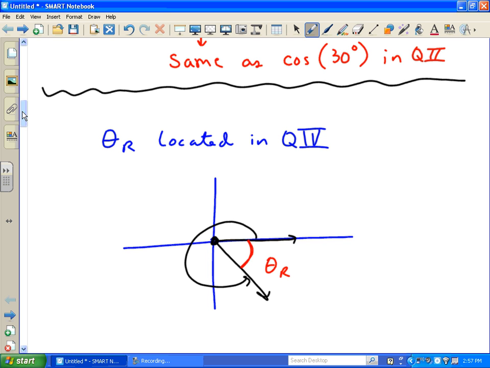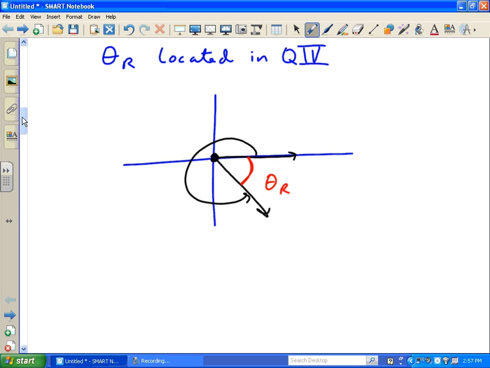If I want to know the sign of tangent of theta sub r, I can do that without actually knowing any numbers. So if I look at tangent of theta sub r, and I want to know what its sign is, then what I can do is think about, well, in quadrant 4, what are the values of x, y, and r going to be as far as positives and negatives?